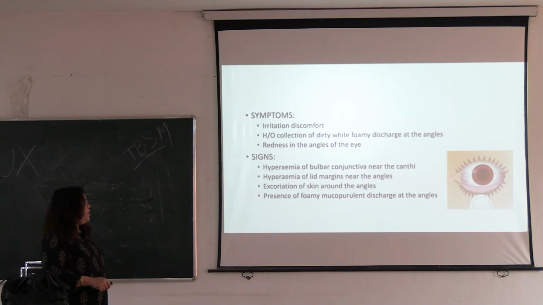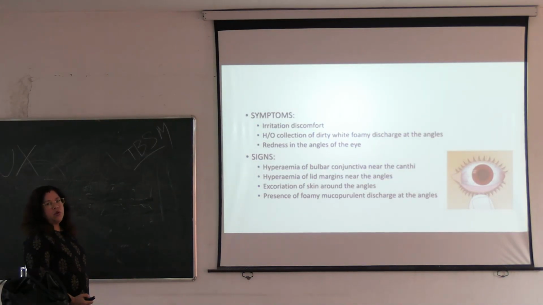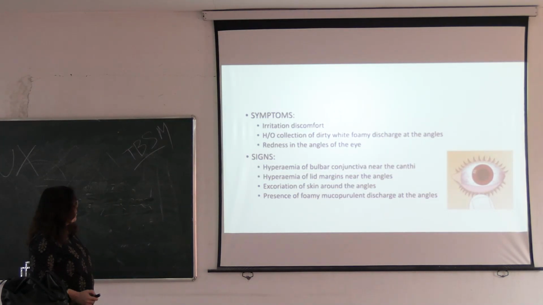This is the angle of the eye. Okay. This is the medial canthus, and the lateral side is the lateral canthus. So, congestion is present only in this part. That is why it is also called angular conjunctivitis, which involves only the angle of the eye, the medial angle.